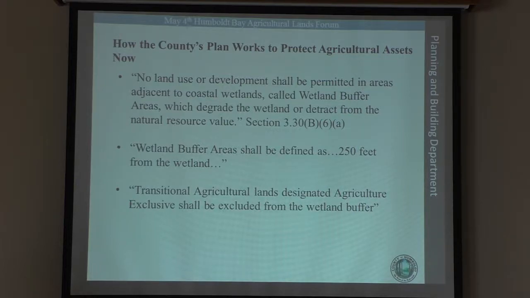Probably from a landowner standpoint, the transitional agricultural lands that are in areas designated agricultural exclusive are excluded from the wetland buffer. So within those areas, there's still the ability to perform maintenance, there's still the ability to maintain dikes, there's still the ability to do that work.